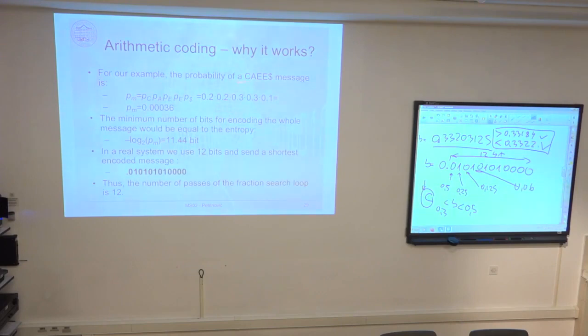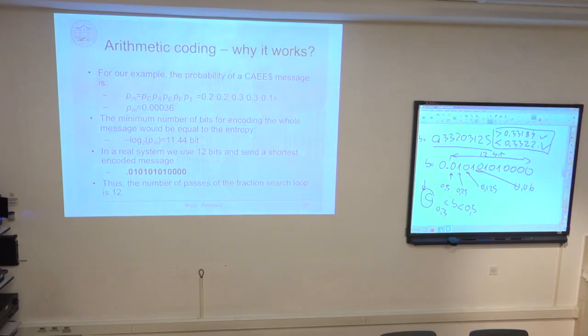This is the probability of the message, and this here is the fractional, or real, length of the message. It is 11.44. But I cannot have 11.44 bits, I have to use 12 bits to encode this message. So the suboptimality is exactly 1 bit, but not per symbol, but per message. So for the whole message, the suboptimality compared to the entropy is 1 bit.